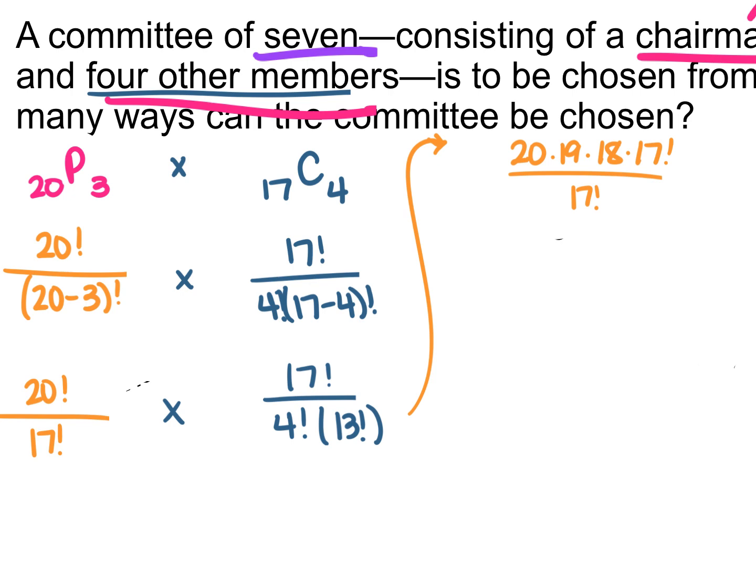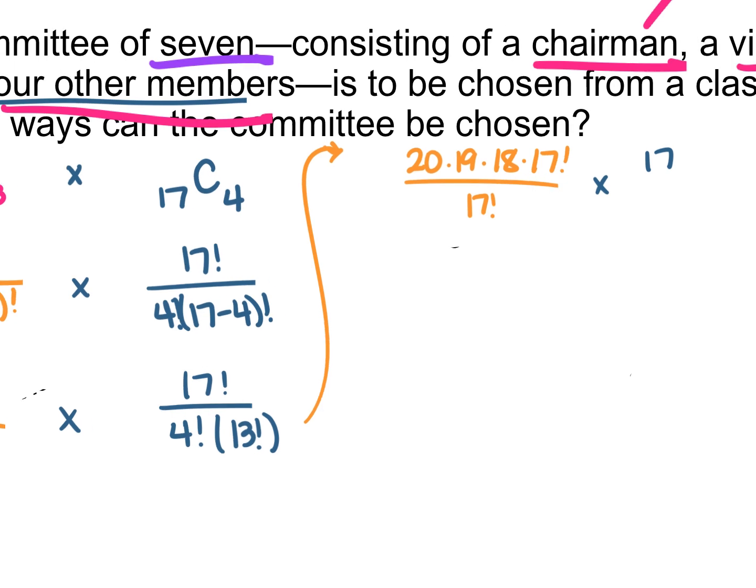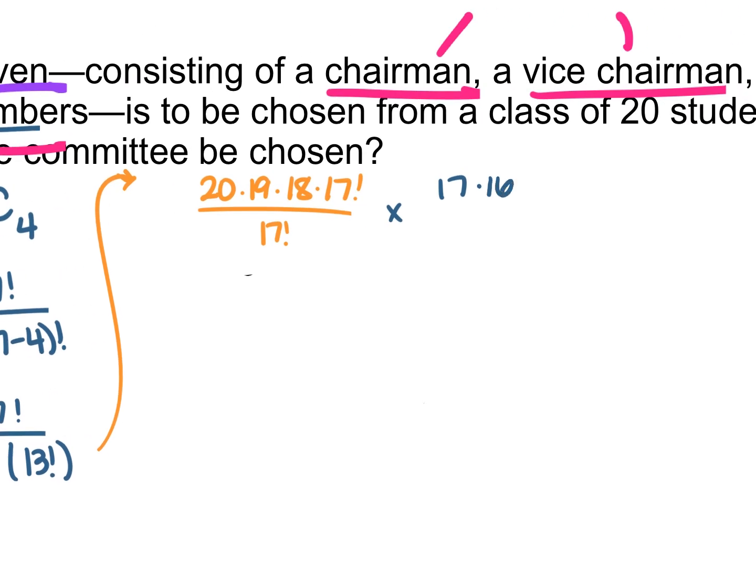For the blue, we have 17 factorial, so that's going to be 17 times 16 times 15 times 14 times 13 factorial, all over the 4 factorial, which is 4 times 3 times 2 times 1 times 13 factorial, which we have up top.